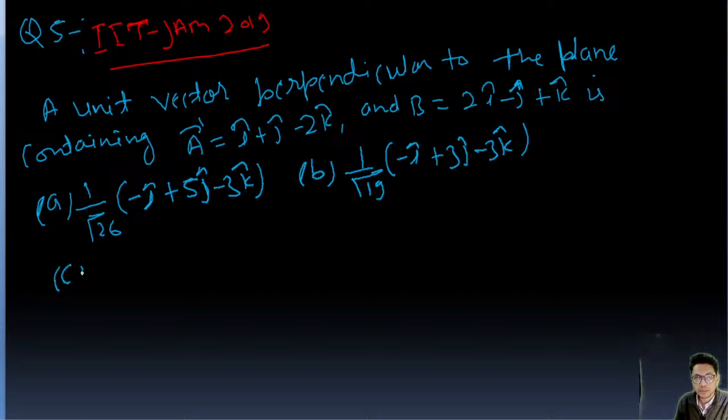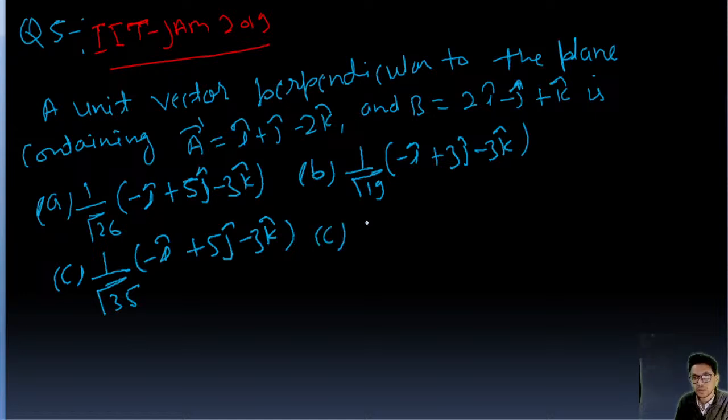Option C is 1 upon root 35 into minus I cap plus 5 j cap minus 3 k cap. Option D is 1 upon root 35 into minus I cap minus 5 j cap minus 3 k cap.